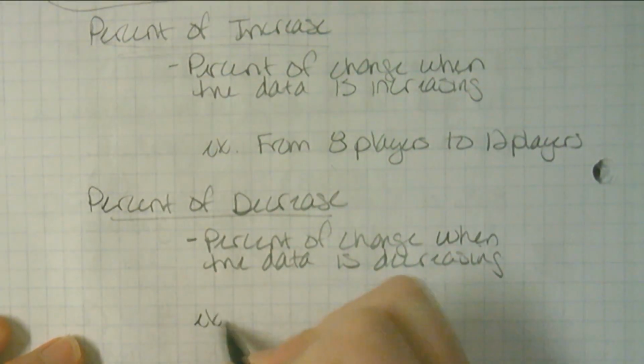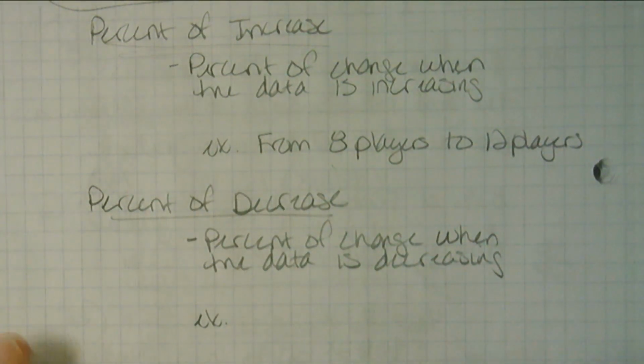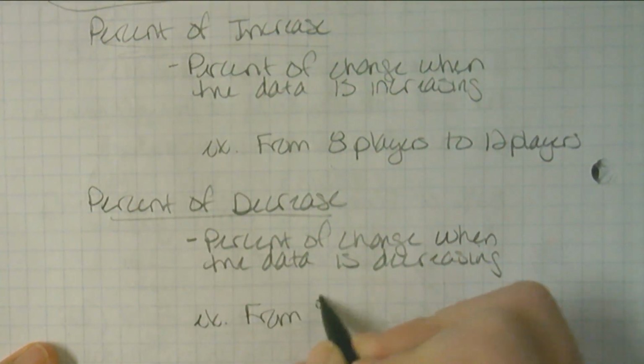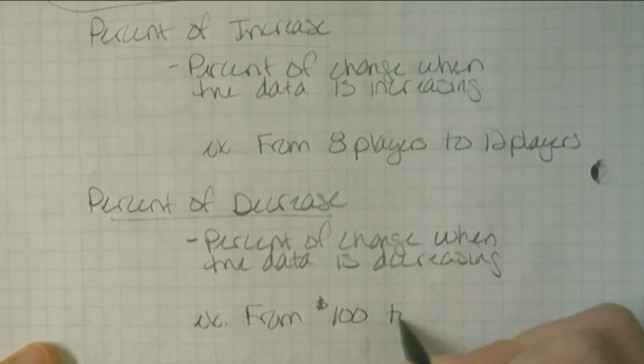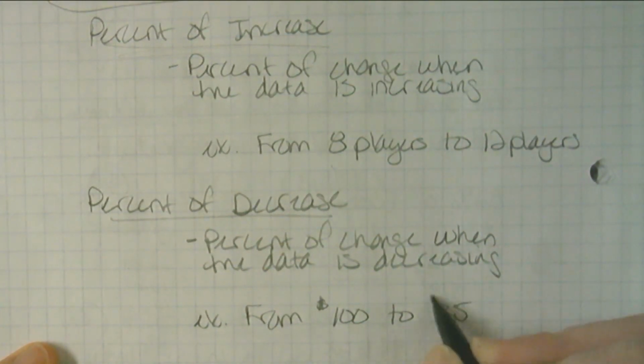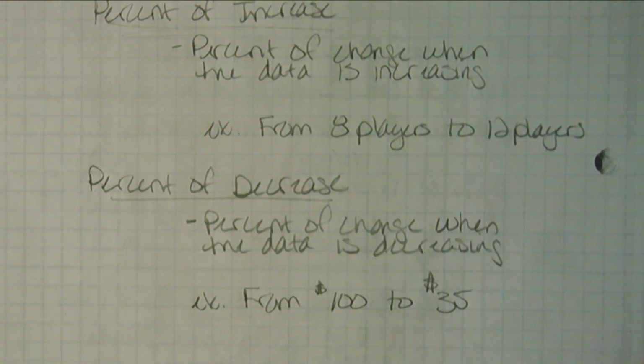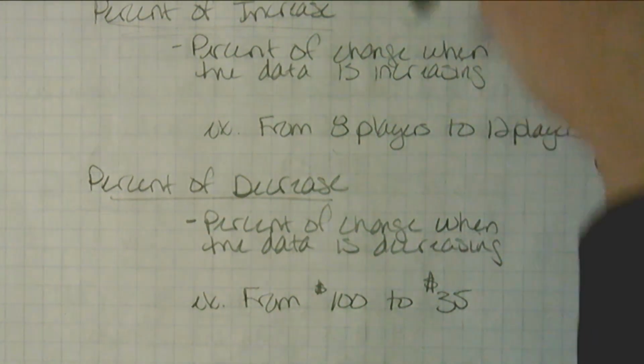An example of that might be we go from $100 to $35. The amount of money is decreasing. Okay, so let's just use these. Let's practice a bunch of these.